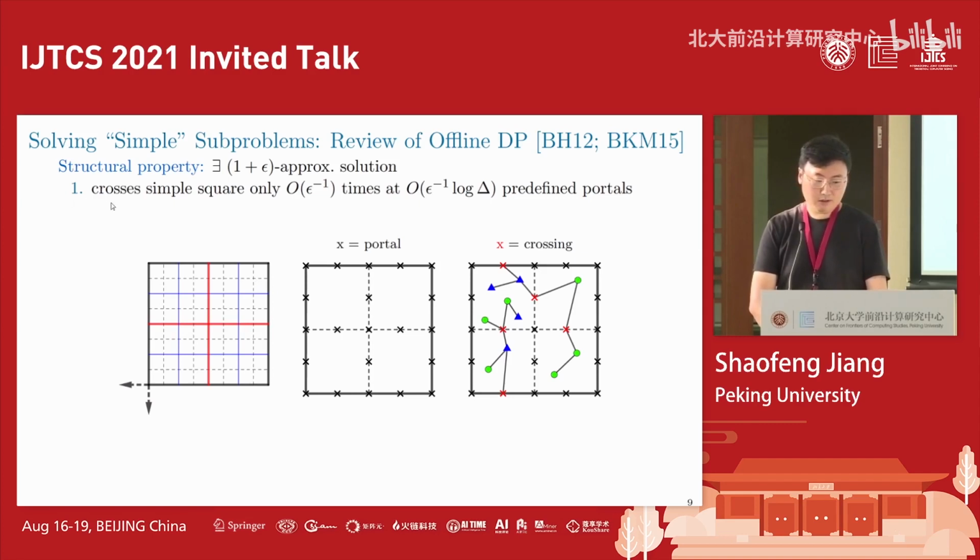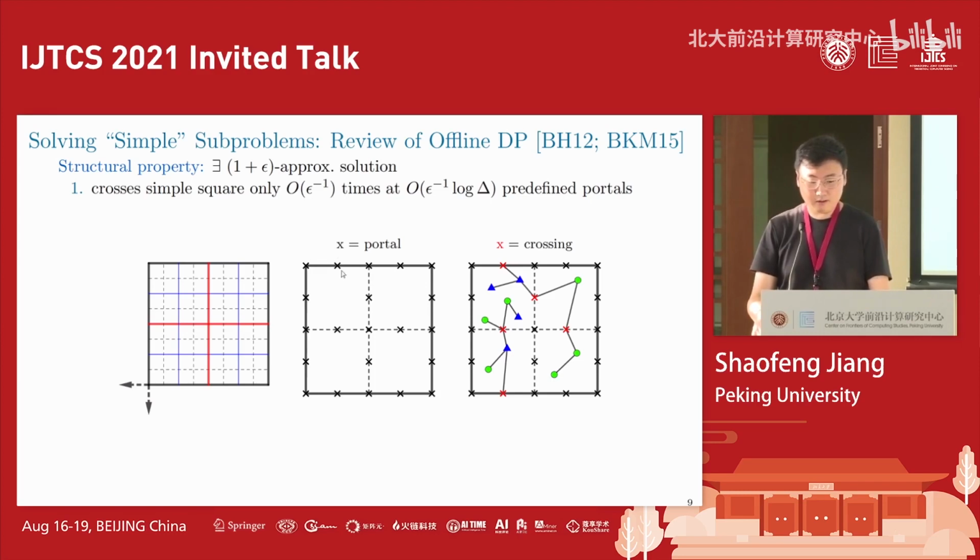So first of all, let's say we consider a simple square. The solution in a simple square only needs to cross this simple square order 1 over epsilon times, at 1 over epsilon times log delta predefined portals. As in this picture, this x is a portal.